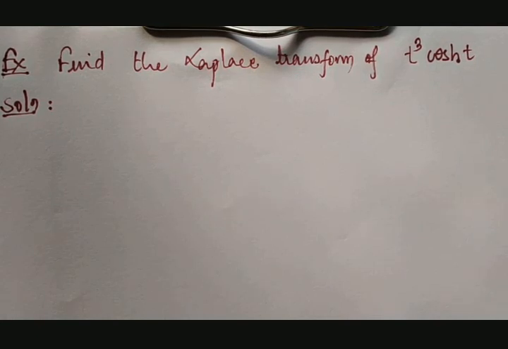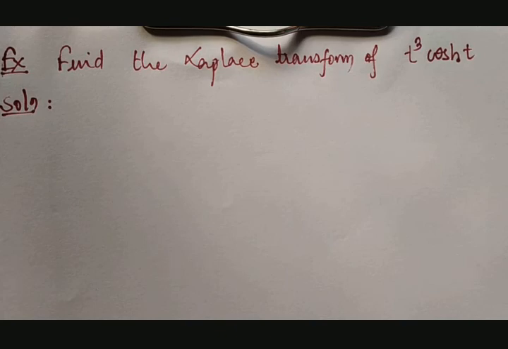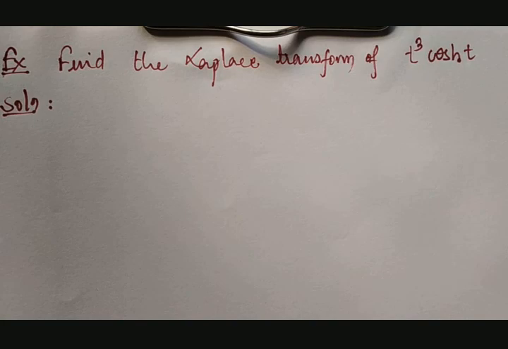There are two ways. Either you can take cos hyperbolic t as a direct f of t and solve it, or else cos hyperbolic t can be converted into an exponential function, and then it can be resolved. Both are possible.